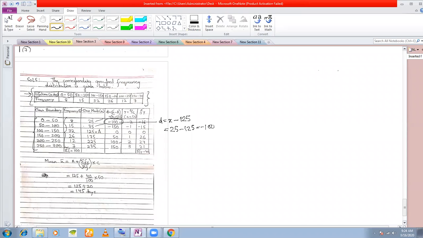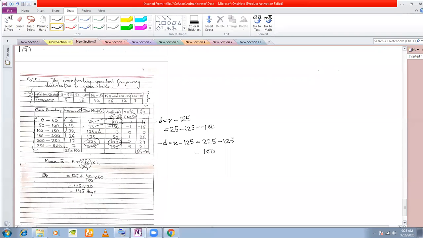In this other case, x is 225. 225 minus 125, the assumed mean remains the same throughout, which is 100. So I've got 100 here. This is where you construct your deviations. I'm repeating this so that it becomes fixed in your mind.